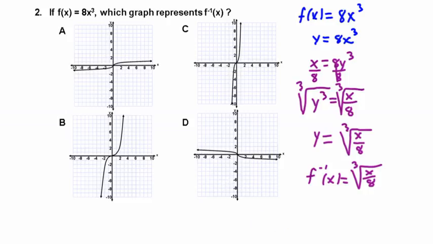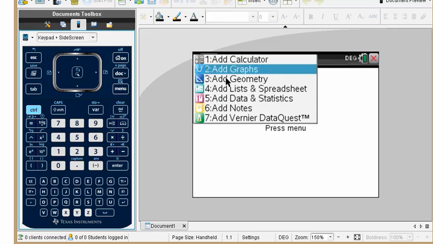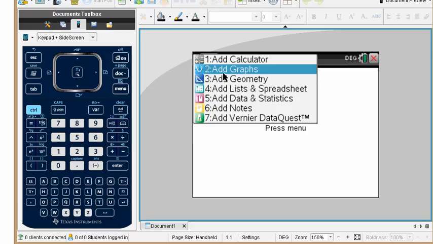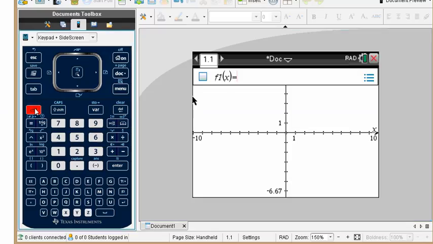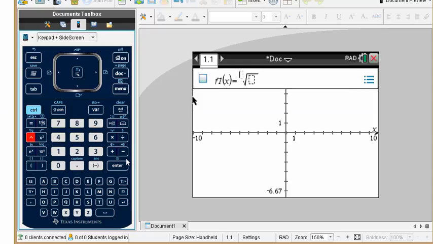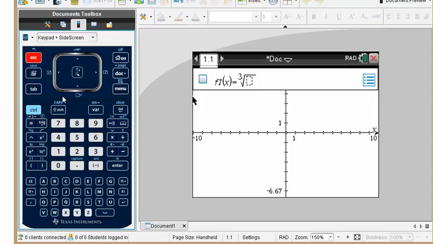And so we're going to go to our graphing calculator right now, add graph, and let's go ahead and press Control. Let's see, I think it's going to be this one here. We got the cube root of, oops, syntax.